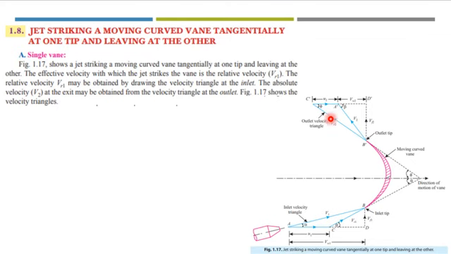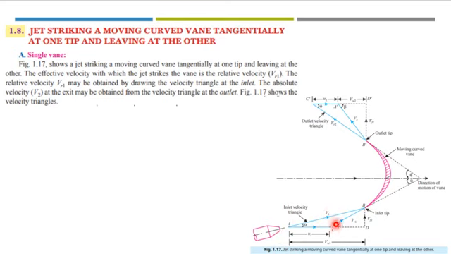And now the last case of this moving plate is a jet striking a moving curved vane tangentially at one tip and leaving at the other. You can see this figure. There is a nozzle fitted at the end of a pipe. A jet is issued which strikes this curved plate, which is moving with the velocity u.